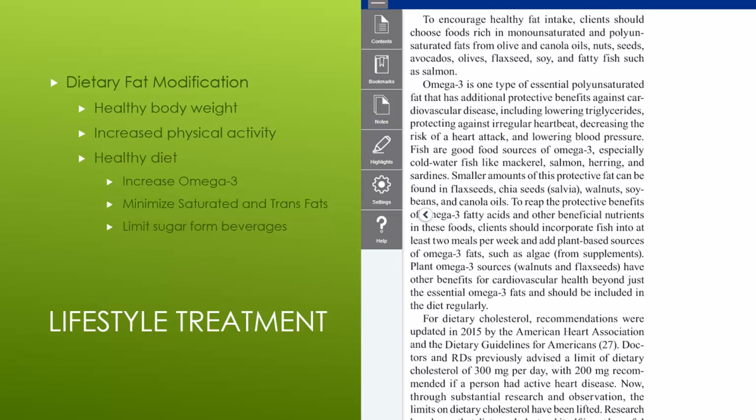And you'll have some sub-arguments on which ones are better than others, but the book just lists these kind of broadly. Omega-3 is, for example, one type of polyunsaturated fat that has an additional protective benefit against cardiovascular disease, including lowering triglycerides, so it has kind of a double whammy. And then they go further into saying that you want to minimize saturated and trans fats, and then you want to limit sugar from beverages.